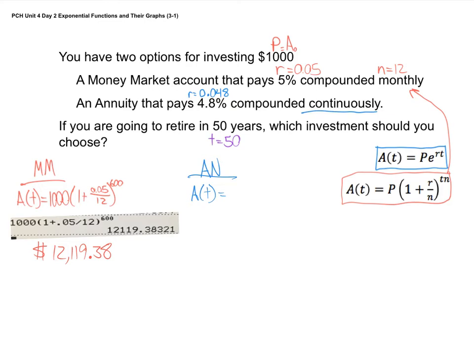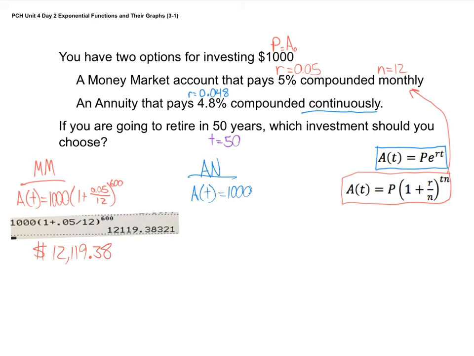Alright, so the question is, is 50 years enough time for our continuously compounded one to end up larger than the monthly compounded one? And really, is that continuous compounding enough to overcome that 0.2% of a lower rate that we have? Okay, so let's finish plugging this in.